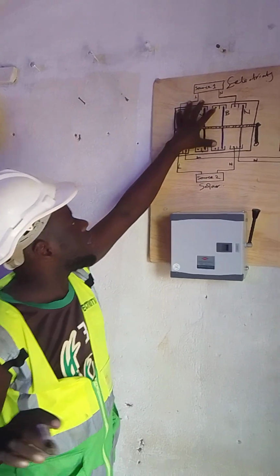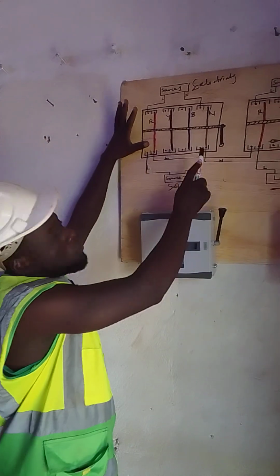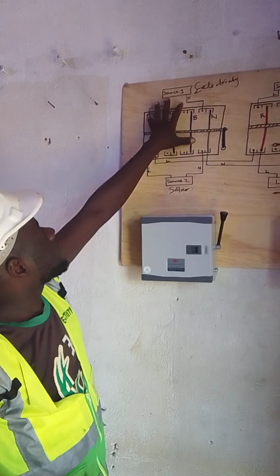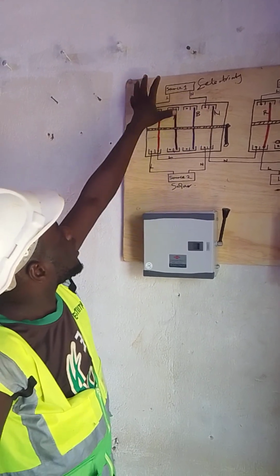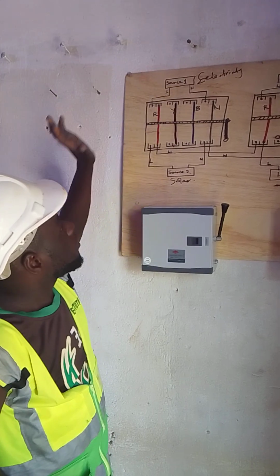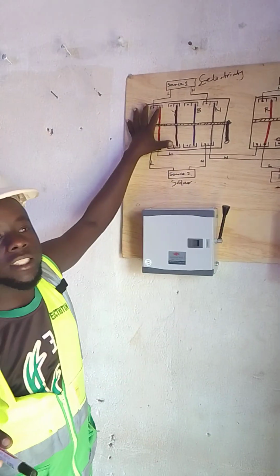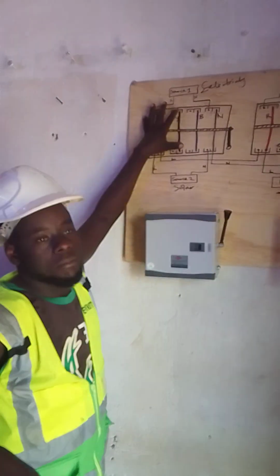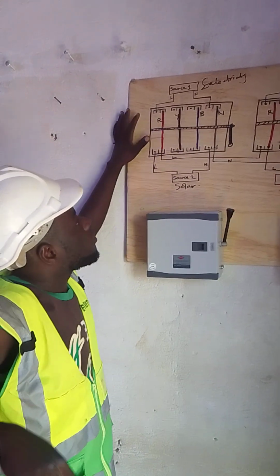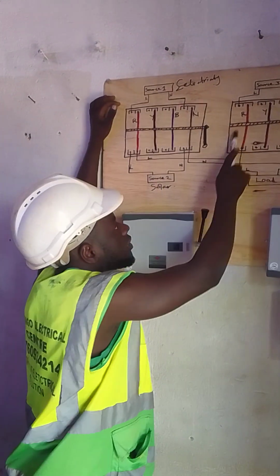This first changeover here is now fully engaged. You can no longer add another source of power supply here. Since we are connecting three power sources of supply, we are going to add another changeover switch here, which is this one.